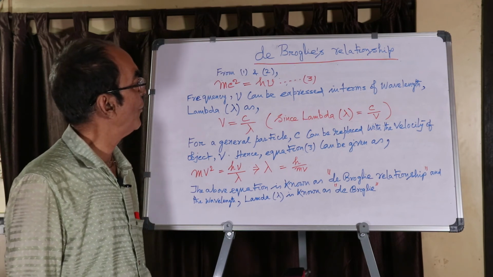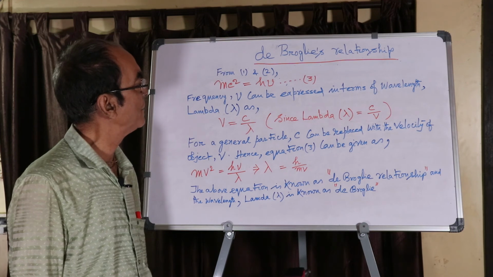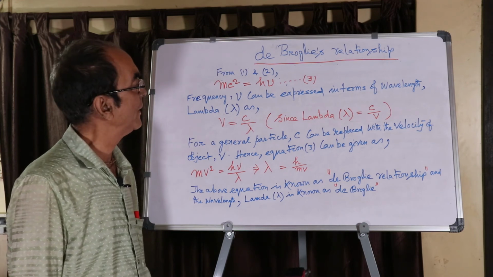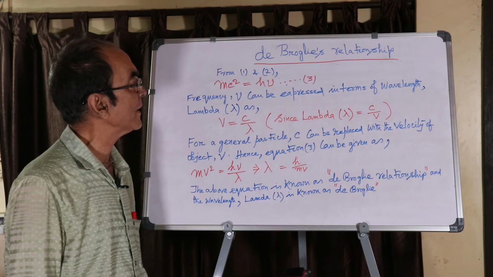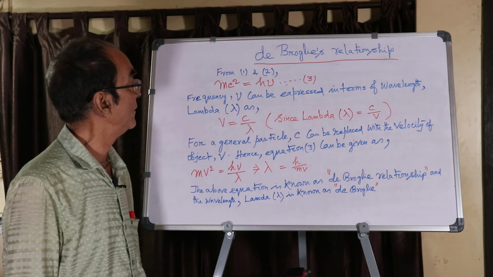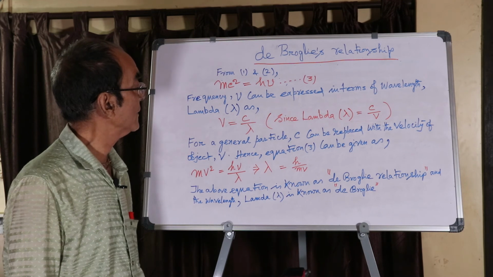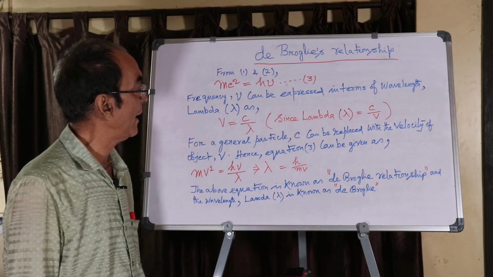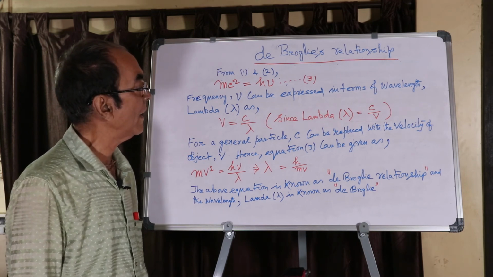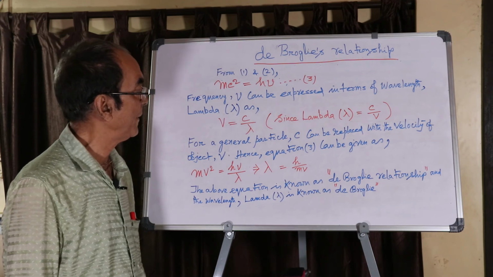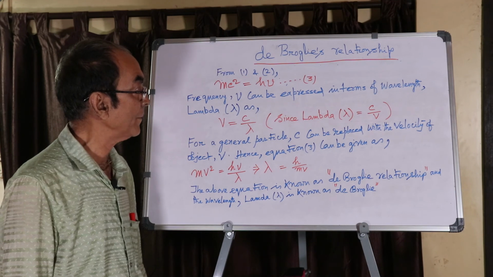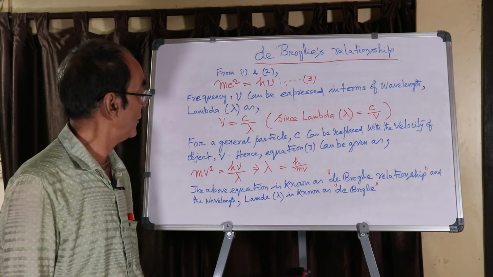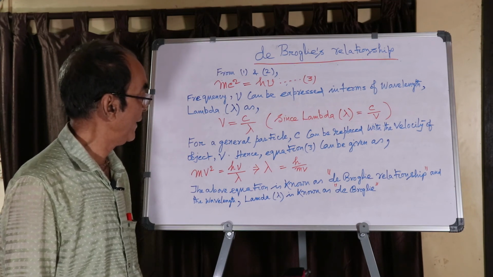From equations 1 and 2, mc² = hv, that is equation number 3. Frequency v can be expressed in terms of wavelength lambda as v = c/λ, since λ = c/v. For a general particle, c can be replaced with the velocity of the object v.